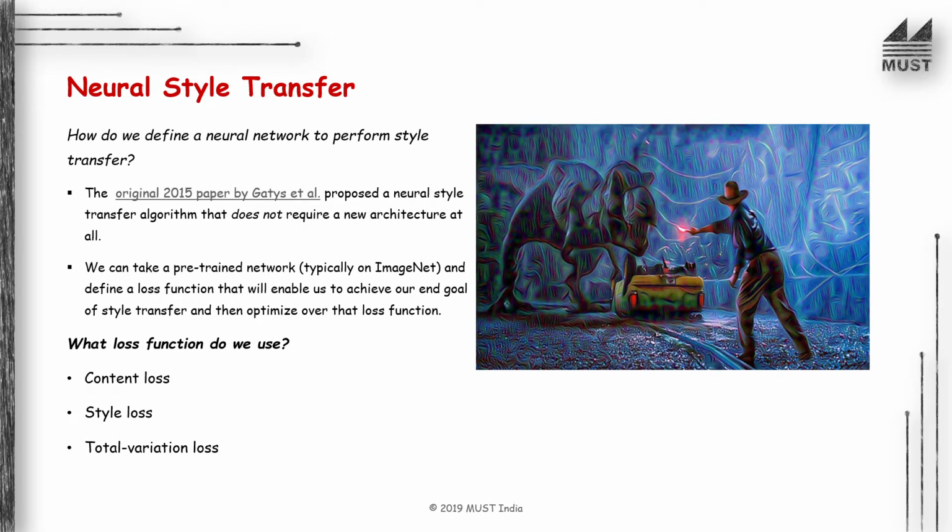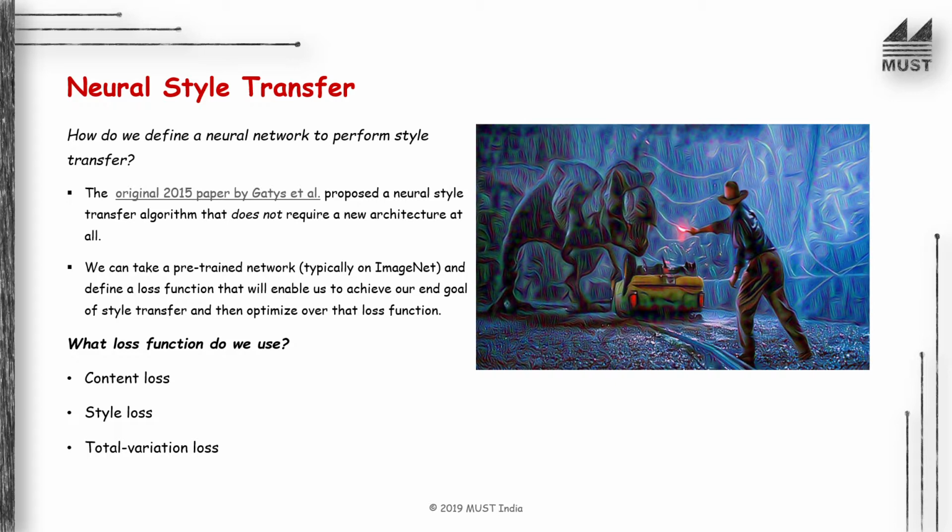For more details, I would suggest you go through this research paper, which proposed a neural style transfer algorithm that did not require a new architecture at all, and in fact it used a pre-trained network, typically on ImageNet, and defined a loss function to achieve the goal we wanted. The loss function again will have three types of loss, because we have a content image, so it will try to learn the main features of your content image.